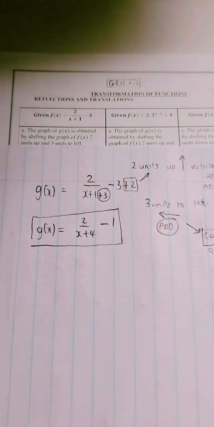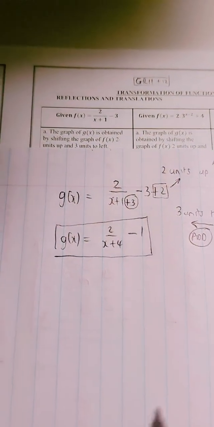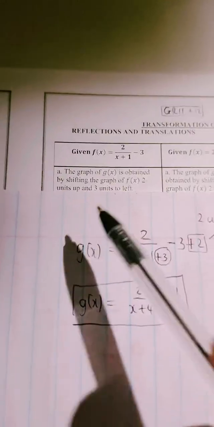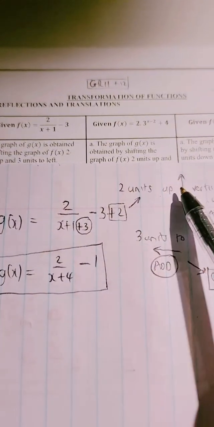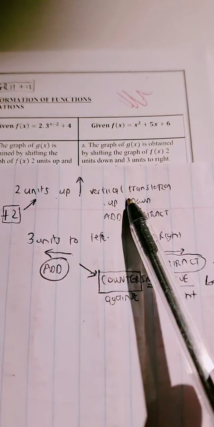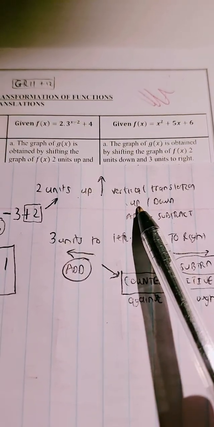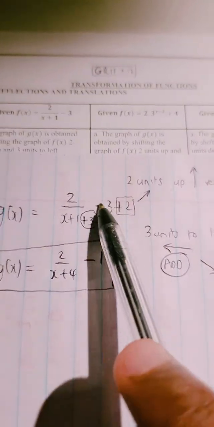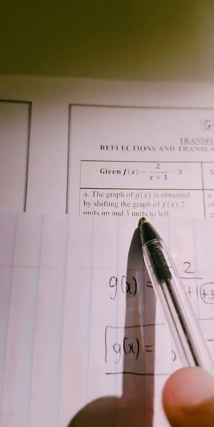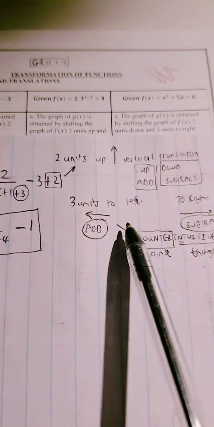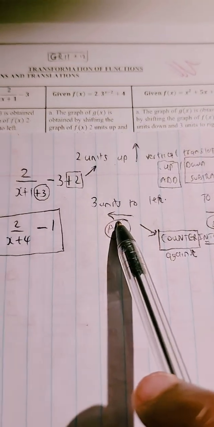If we apply the translation of 2 units up, we add, because up we add, down we subtract. 2 units up means we add to the Q. Left means we add as well.